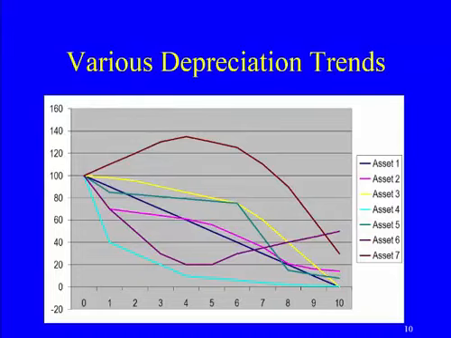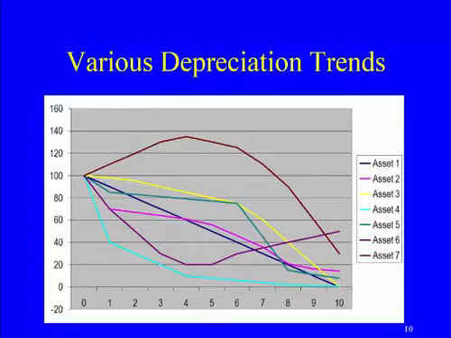What kind of asset could this represent? Well, in particular, one asset that has this kind of characteristic is something which appreciates in value over time, but only to a certain point. Thereafter its value falls away.